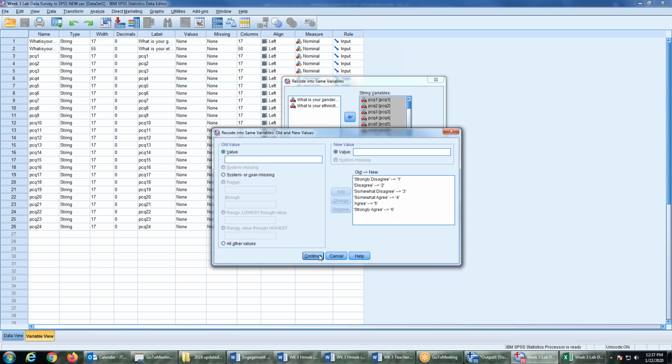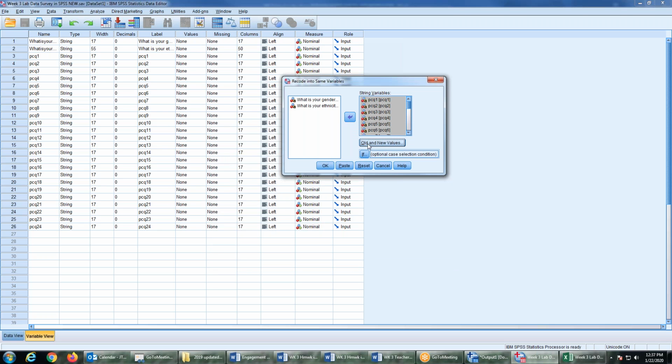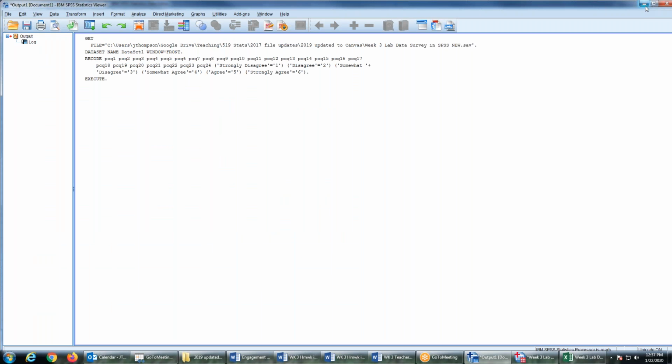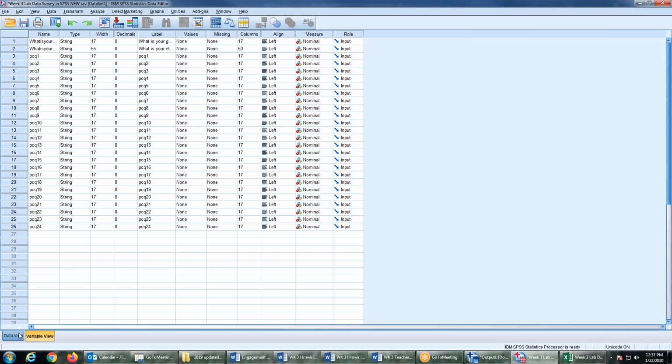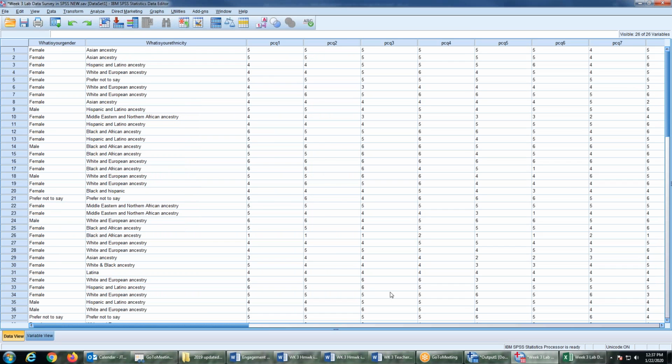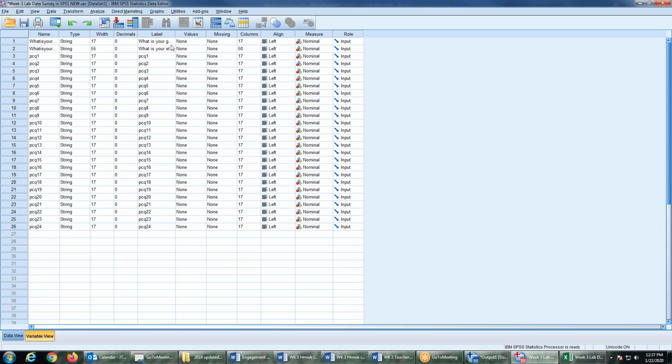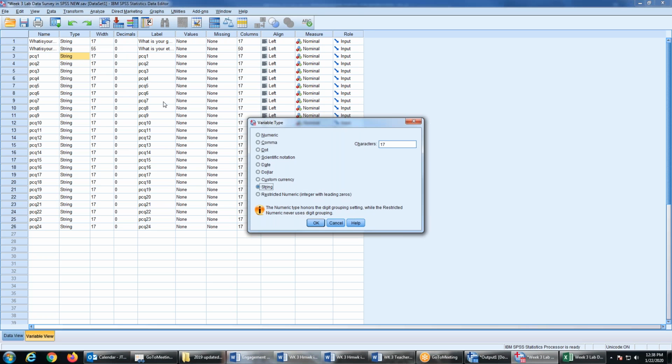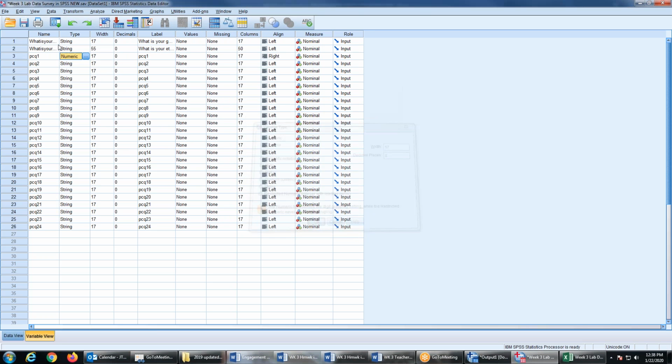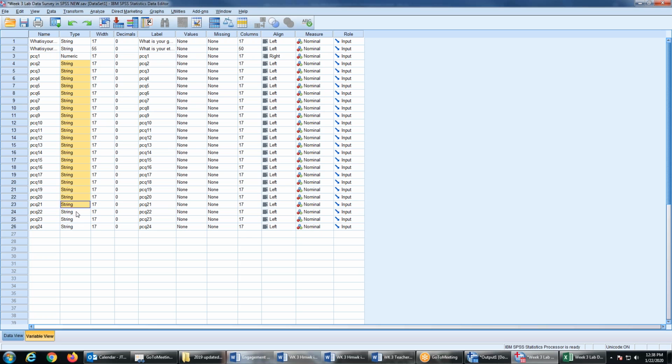Add. Okay. And if you mess any of these up, it's great to show them, that's real life, this is how it goes. So then you check it. Great, it all changed to numbers. Then you want to make sure to change this to numeric, showing them how to right click, copy and paste, so they don't do every one.